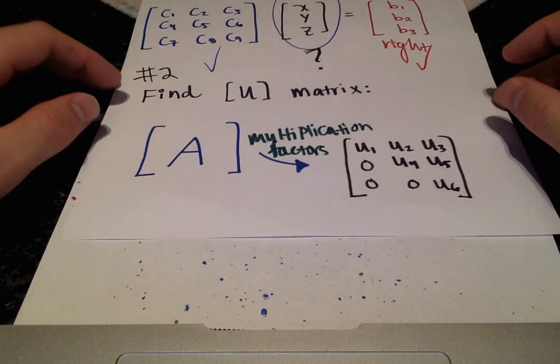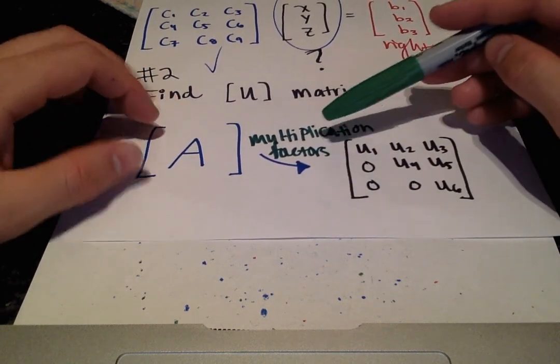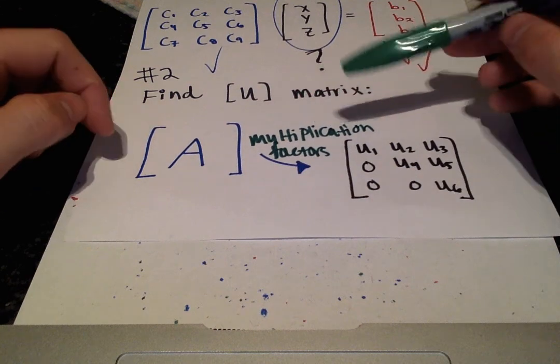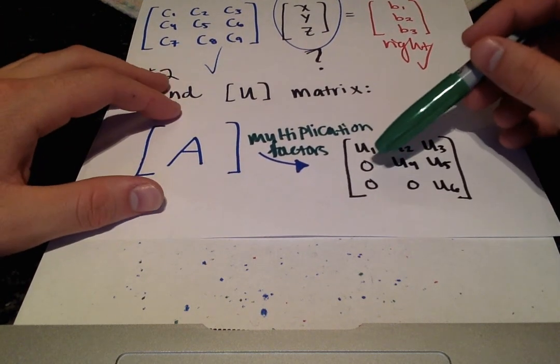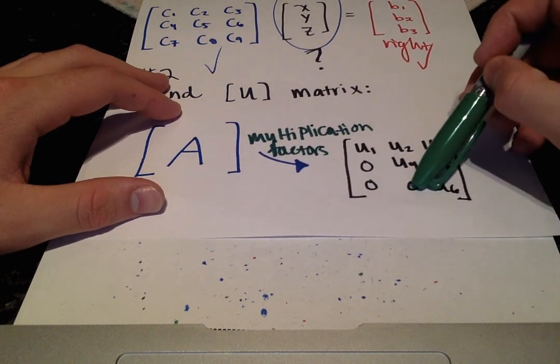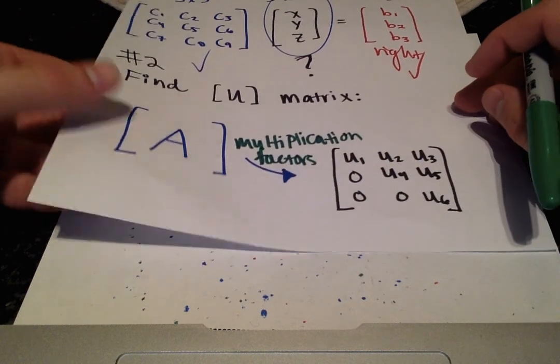Essentially, we're changing the rows of A and multiplying each row by a different value, and we're going to cancel out the first term of the second and third rows and the second term of the third row with these different multiplication factors.